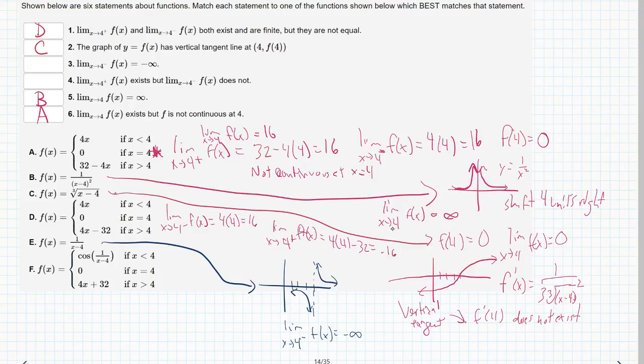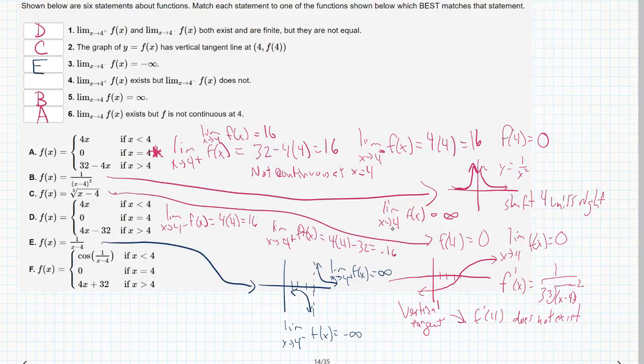And the limit as x approaches 4 from the right of f of x equals positive infinity. Notice number 4 says the limit as x approaches 4 from the right of f of x exists, but the limit as x approaches 4 from the left does not. The limit from the left is negative infinity. That actually matches our E function.